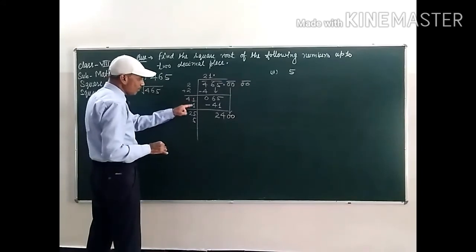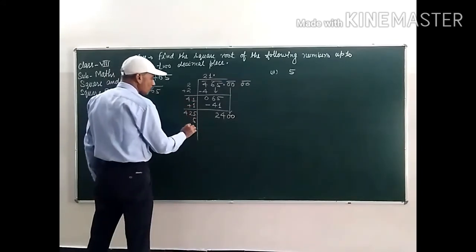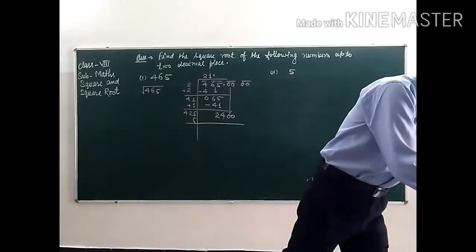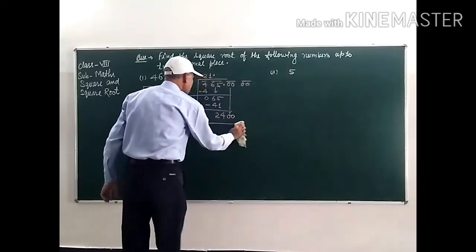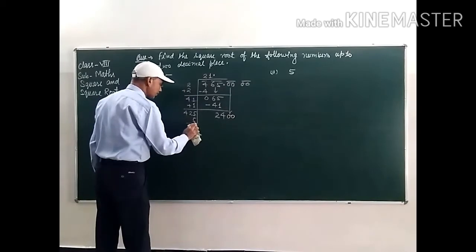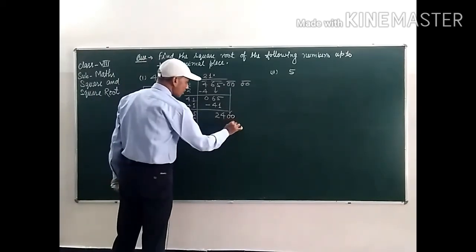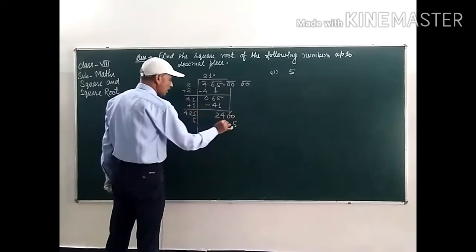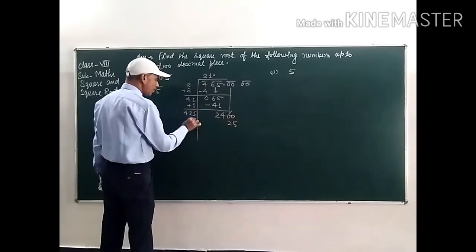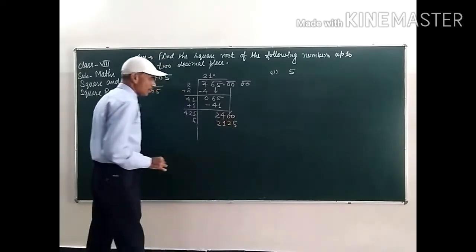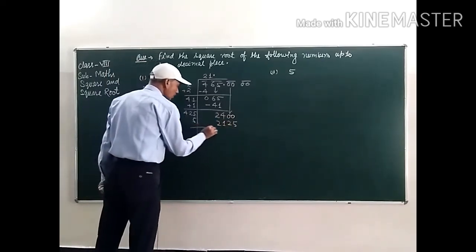You add this number 112. So take this number here and now multiply this. Okay students, 5 5s are 25, 5 2s are 10 plus 2 is 12, 5 4s are 20, plus 1 is 21.